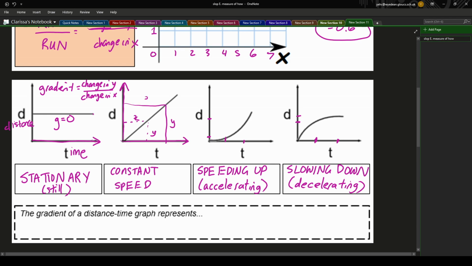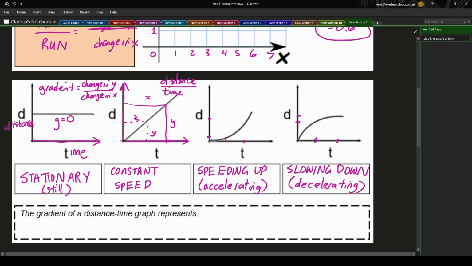There is a change in y here, there is a change in x. And what I want you to notice is that our y-axis is distance, our change in x is our change in time. So our change in y is a distance. Our change in x axis is a time.